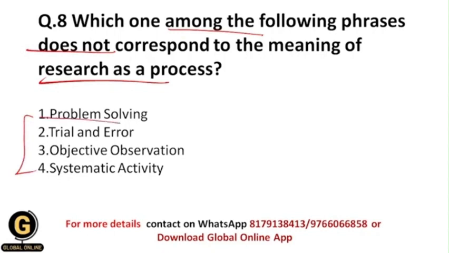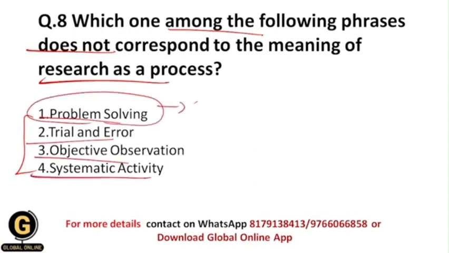Whether it is problem solving, trial and error, objective observation, or systematic activity. Problem solving is a whole process in which we solve the problem through different steps, and that's why this is nothing but a process, and problem solving corresponds to the meaning of research as a process, so this option gets eliminated.